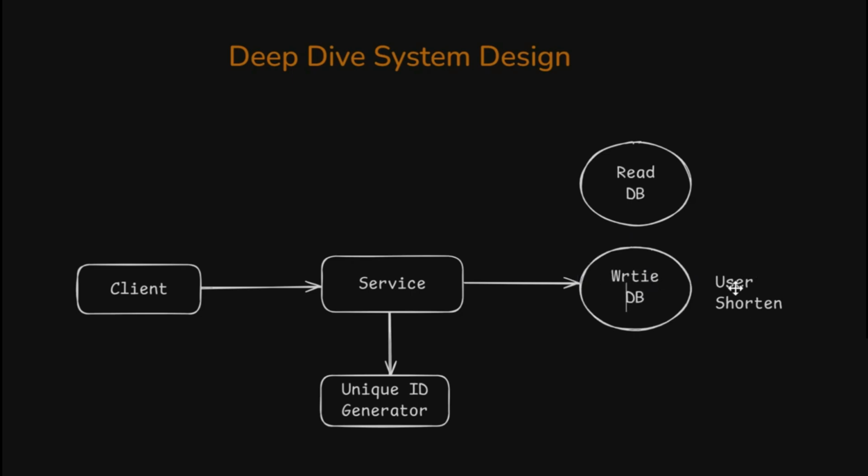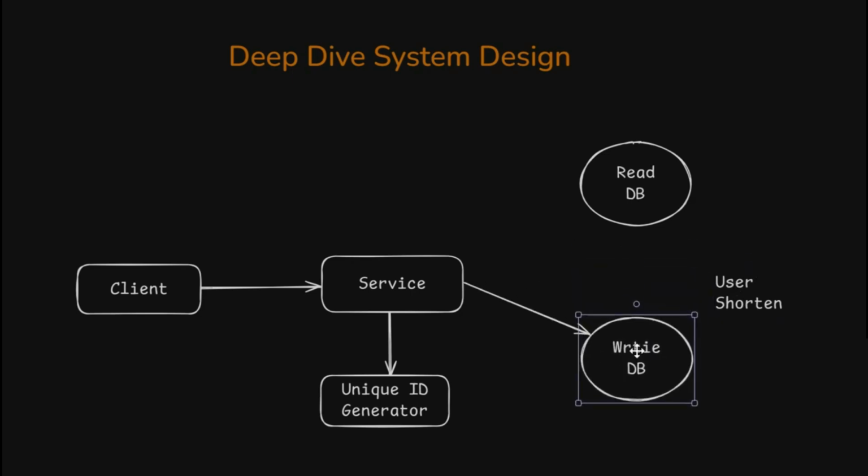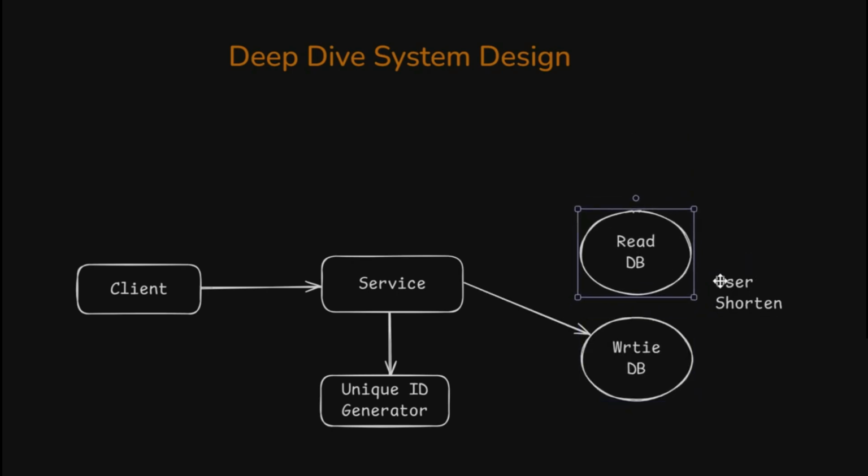So the schema would be the same for both instances of the server, right? The difference is just between the read and write, so that this database instance can scale on its own.